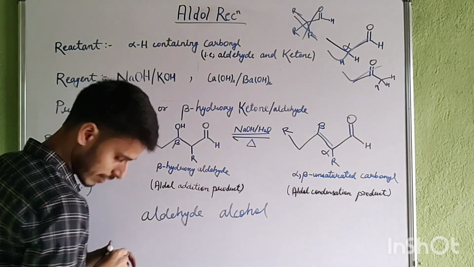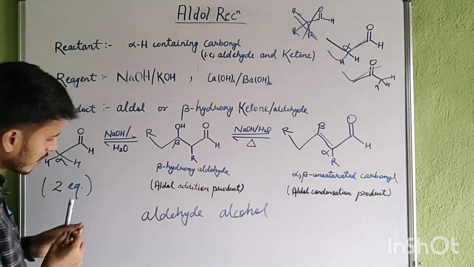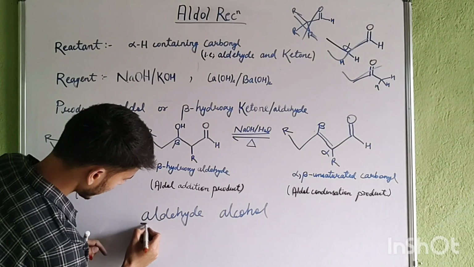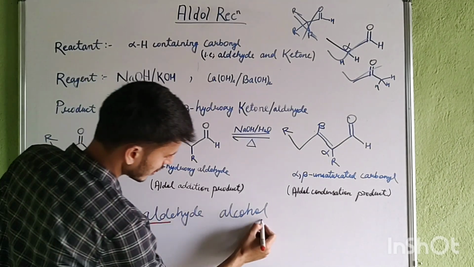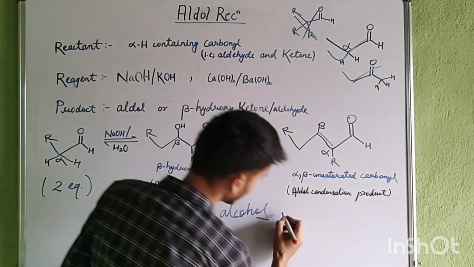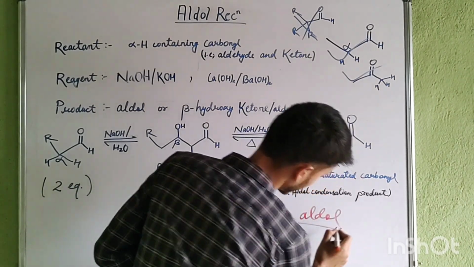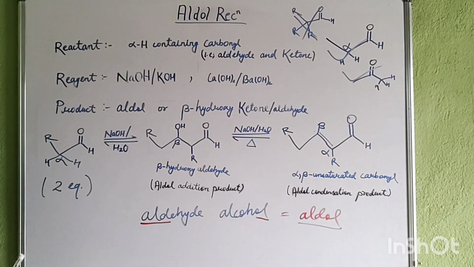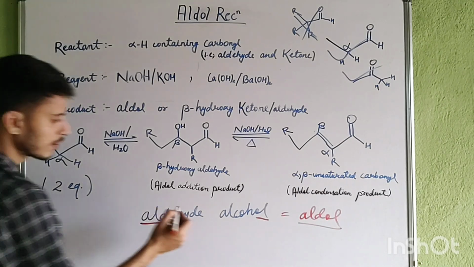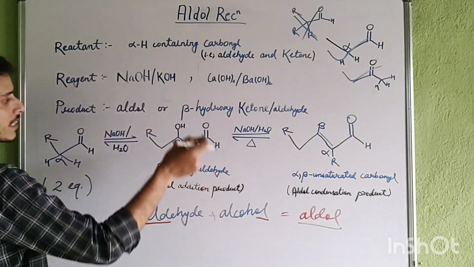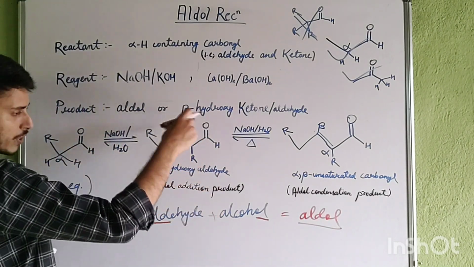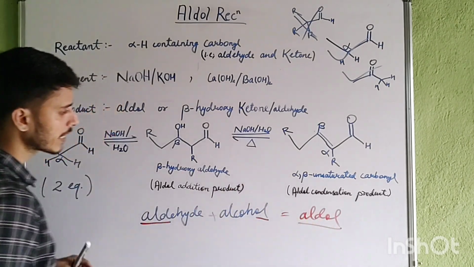So take ALD from here and OL from here. What you will get? You will get aldol. So this is how its name has been kept. Aldehyde plus alcohol, present in the same compound, aldol addition product, and we say it as aldol.